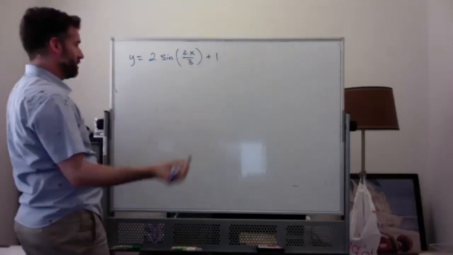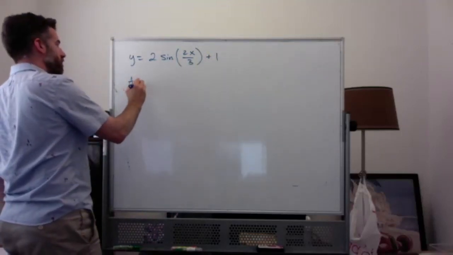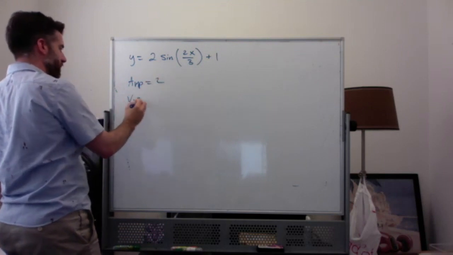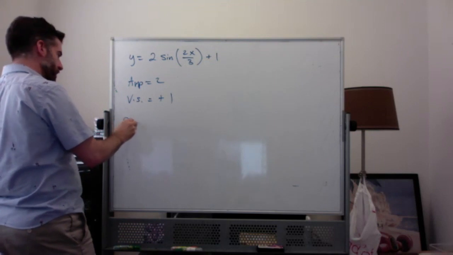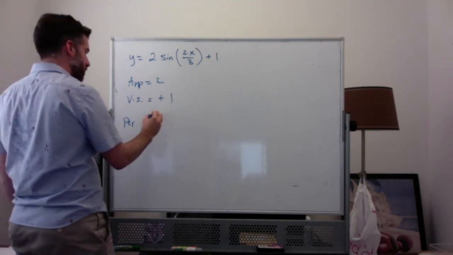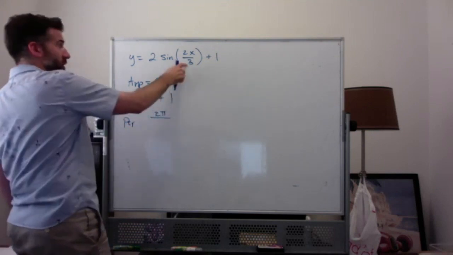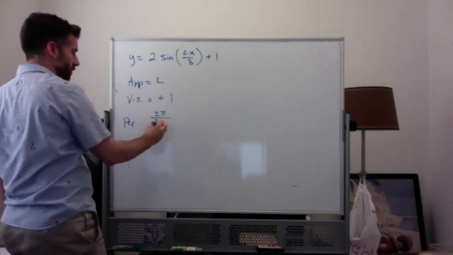Okay, same kind of stuff. Amplitude is 2. The vertical shift is going to be 1. And the period is going to be 2 pi divided by the coefficient, which is 2/3.